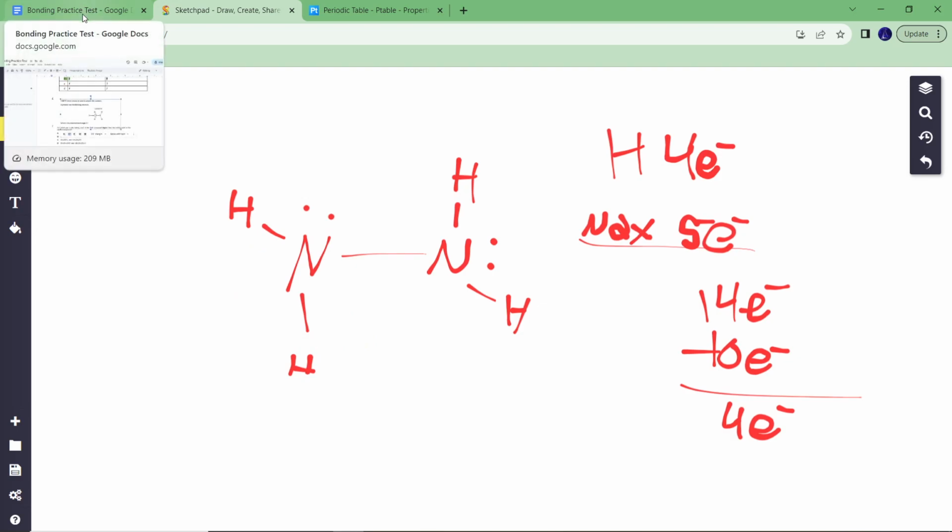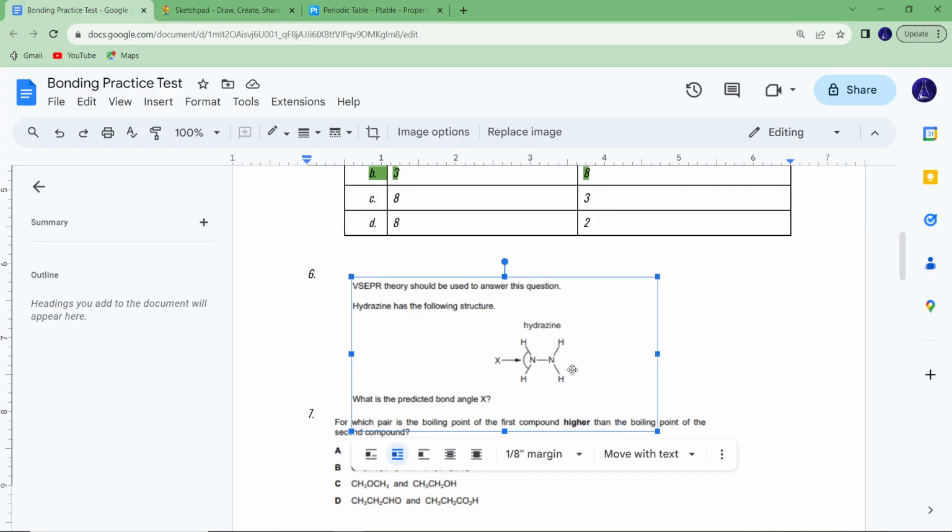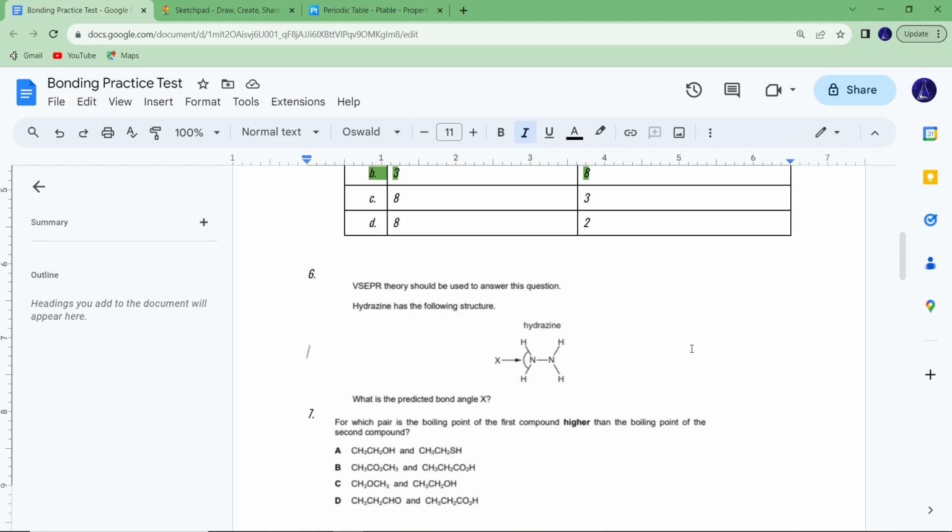In that particular case, because we have both of those, we can confidently say that this bond angle is less than 109, okay? And since it's less than 109, we're going to have to put a number on it. In this case, we're just going to write that this number ends up being 107, okay?